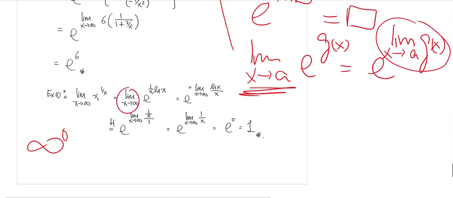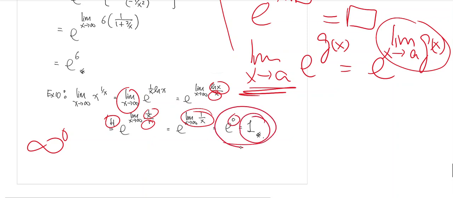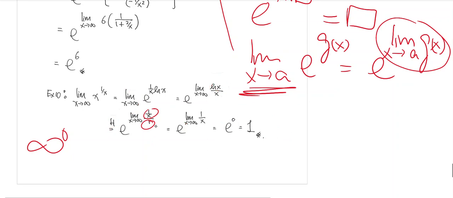And I'm bringing the limit from the base to the power, and now I have to work this limit out. This is infinity over infinity, so L'Hopital's rule applies. The derivative of log x gives you 1 over x, the derivative of x gives you 1, which means that this thing is actually this, which is 0, and the whole thing will be 1. Got it? And that's that.